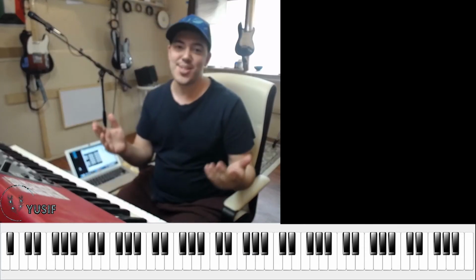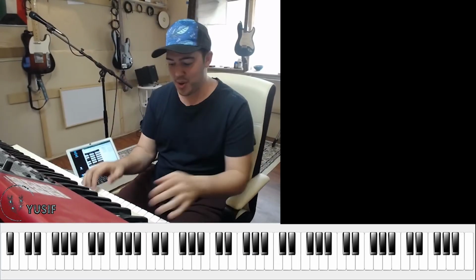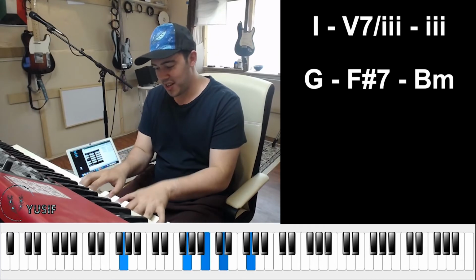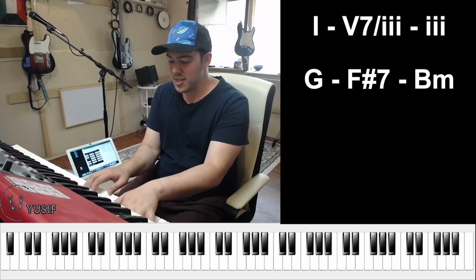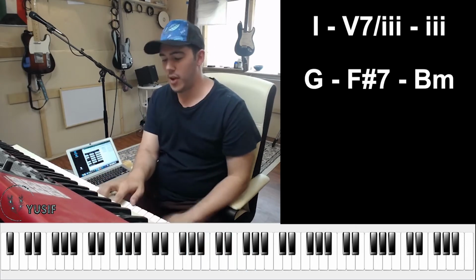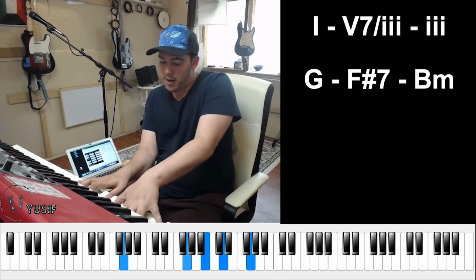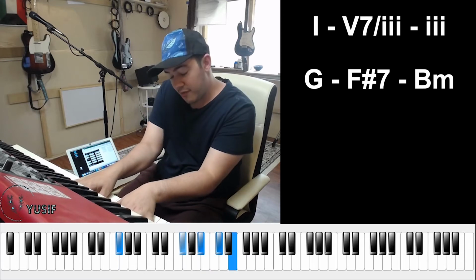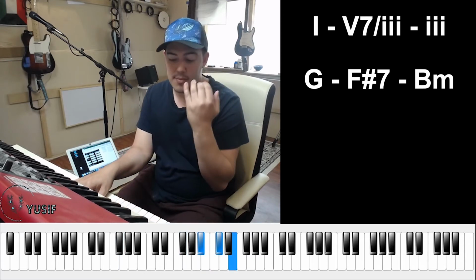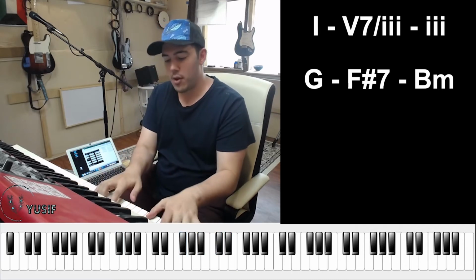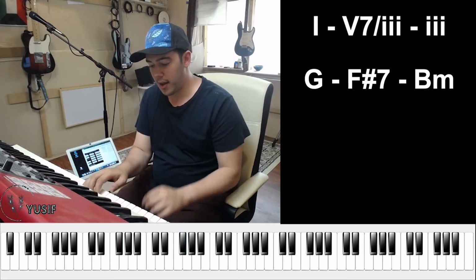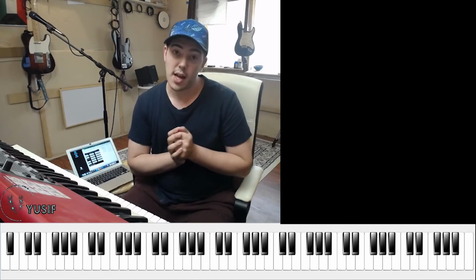Sexy Sadie by the Beatles is a great example of a 5 of 3 chord. We'll do it also in G. Okay, and that's an example where he's going G to F sharp 7, which is the 7 major chord, or 5 of 3, 5 of B minor. 5 of 3 is not used as commonly, I've noticed.